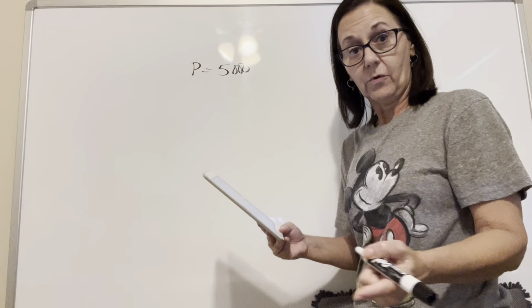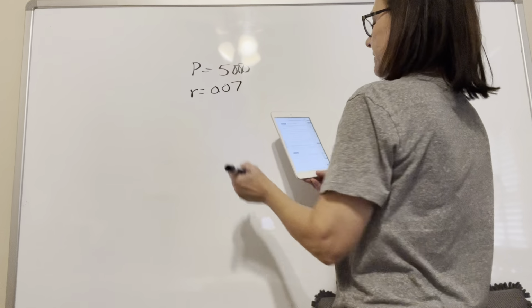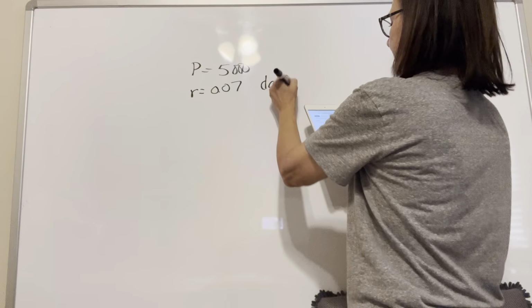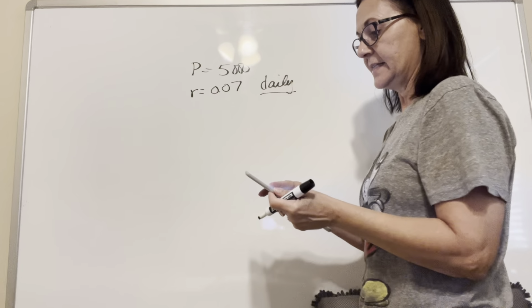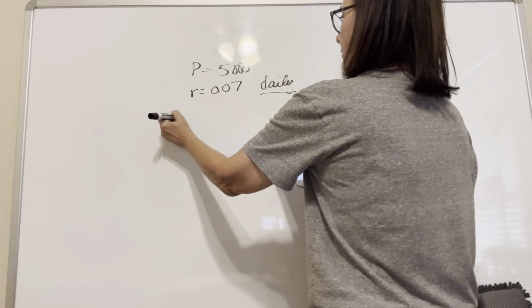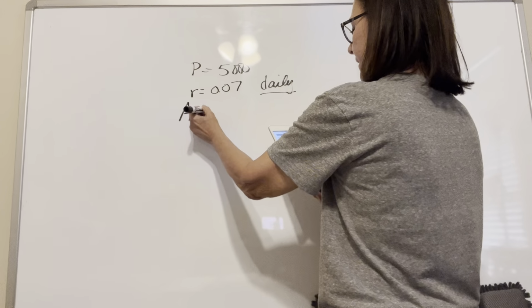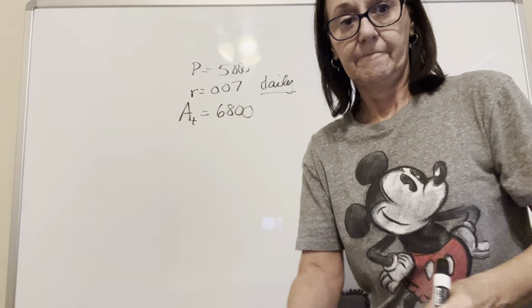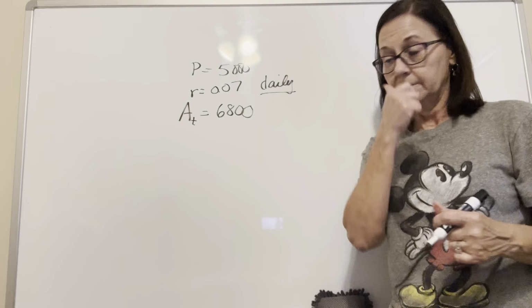So I know it's annual, and my rate is going to be 0.07, but it's compounded daily. When will the investment be worth $6,800? So the amount over some time, we want it to be worth $6,800. I don't know the time. That's what I'm solving for.